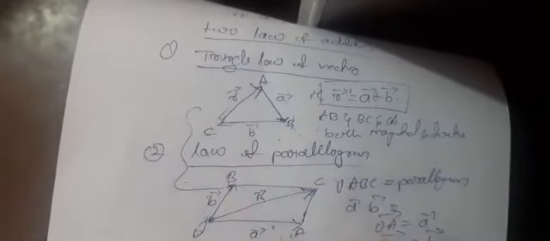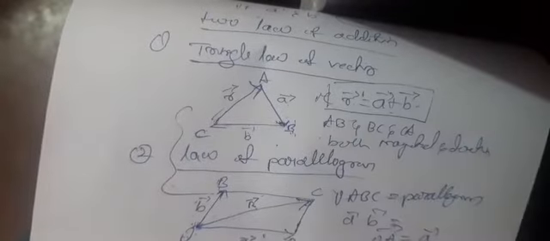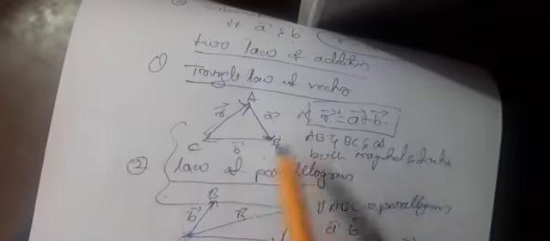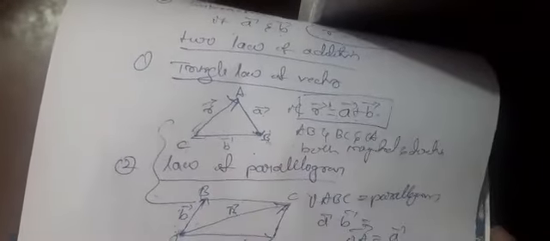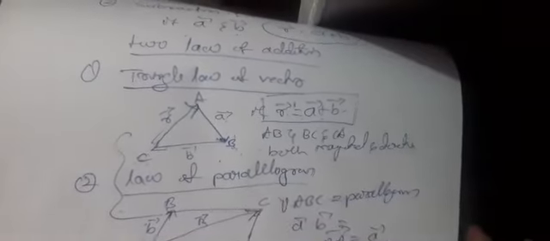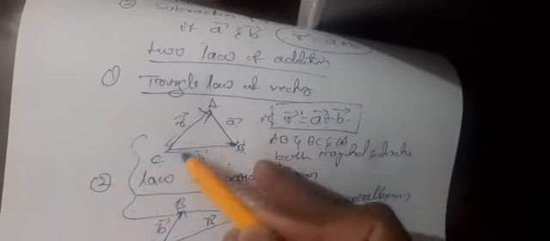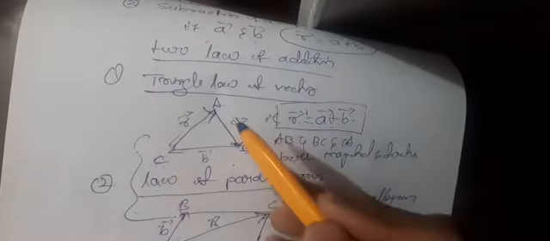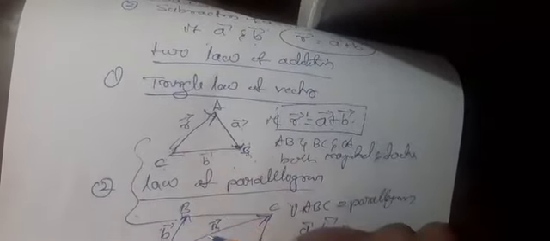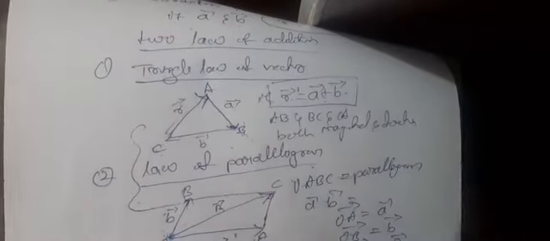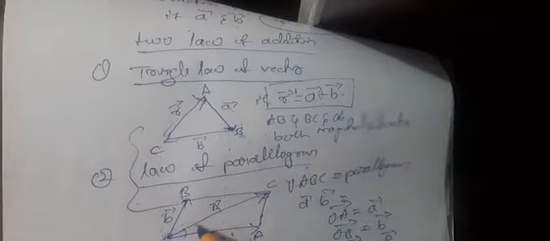What is the difference between the triangle law and the law of parallelogram? What is the use of the triangle law? It is used to measure the length of each side of a triangle. But the law of parallelogram is used to measure both the angles and the sides.